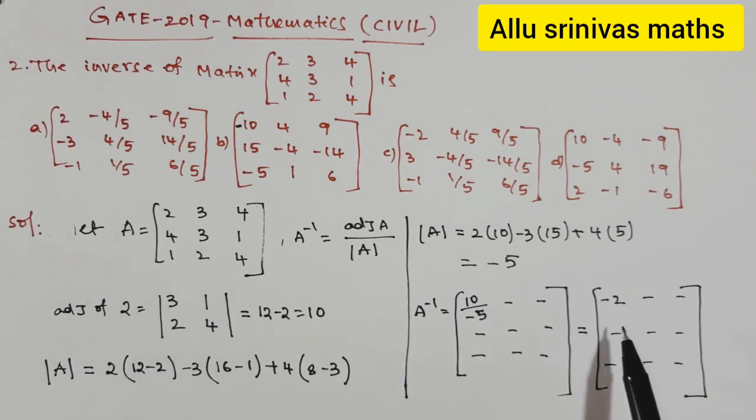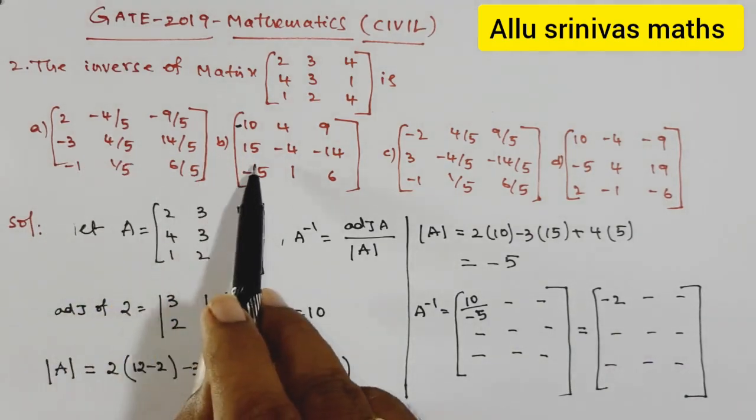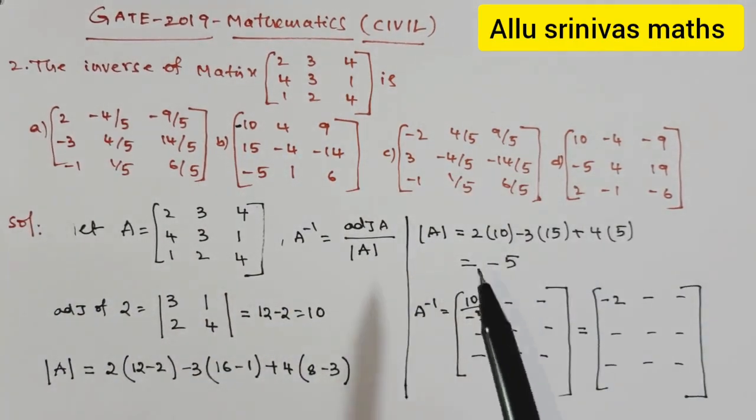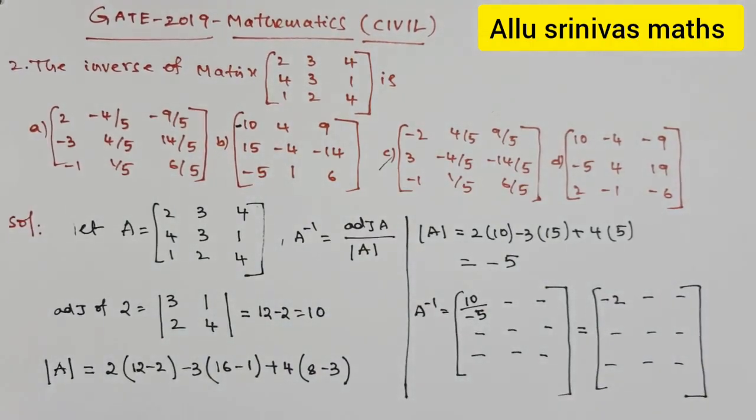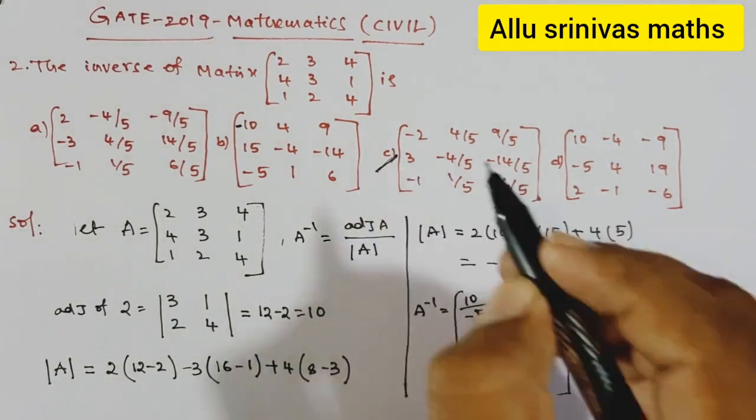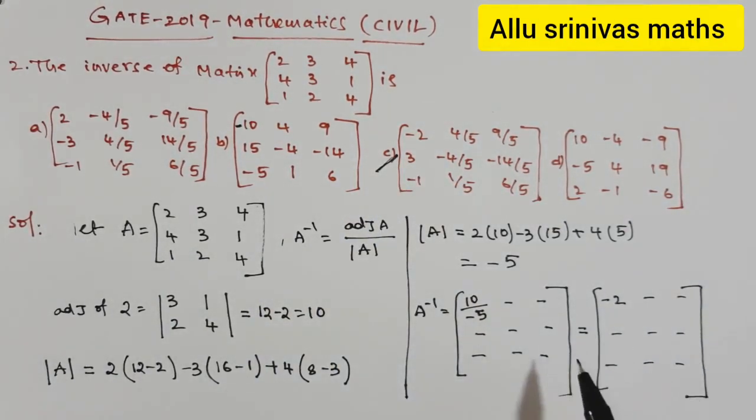So now we check the first element -2 in which of the given 4 options. So the option is C. So the answer is C. In case the first element is equal, then go to a different element, the second element or third element. So the answer is C.